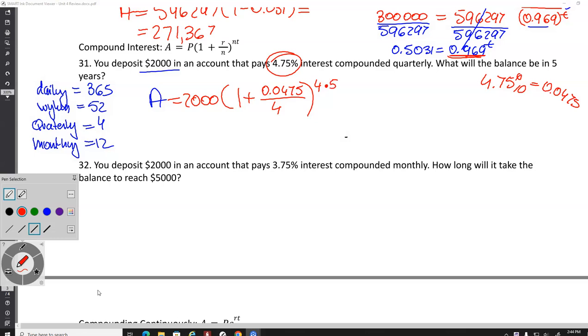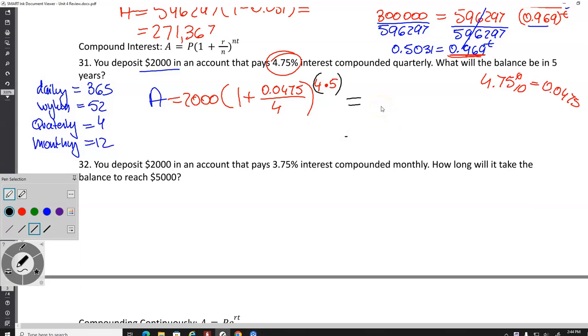So you're putting all of this into a calculator, and you're going to get an amount of $2,532.60. So that's how much more money you're going to earn, $532.60, if your interest grows every quarter by 4.75%.